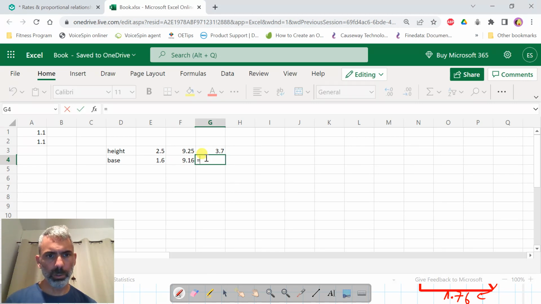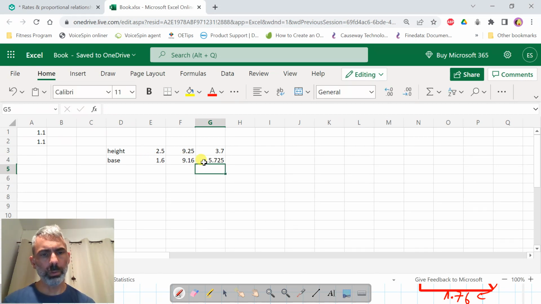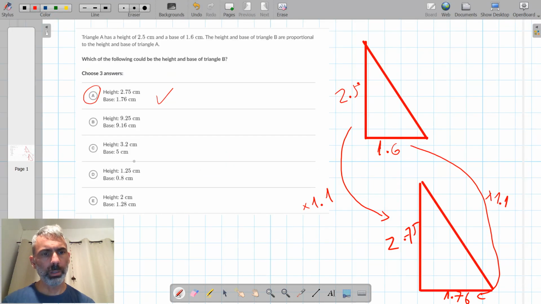So the ratio is 9.16 divided by 1.6. So this is incorrect. Option B is incorrect because the base is not proportional. This base, 9.16, is not proportional to this base, 1.6.